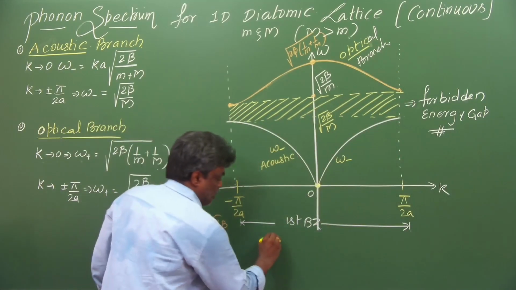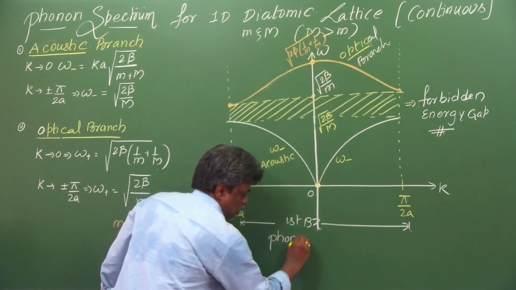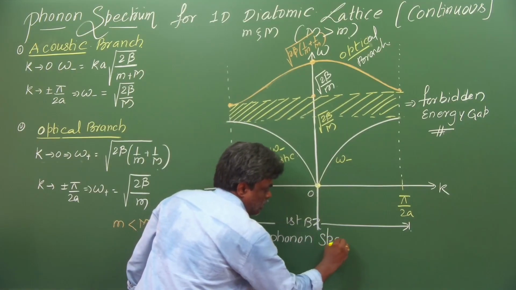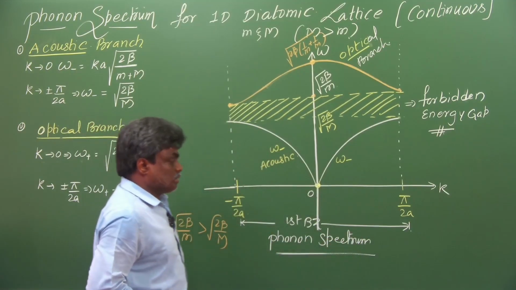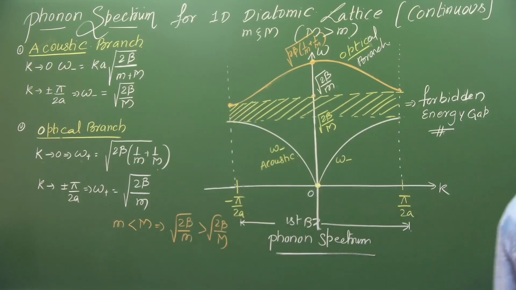This is the phonon spectrum. Come on, draw it. You please write those points what I explained. Phonon travels with velocity of sound, photon travels with velocity of light.